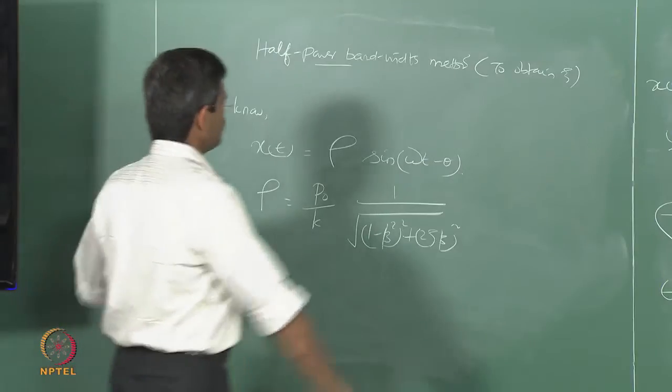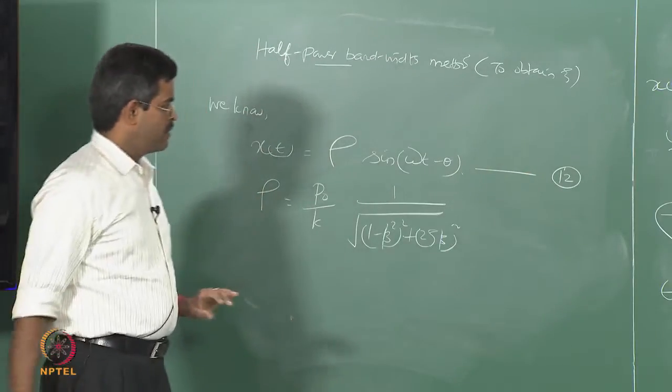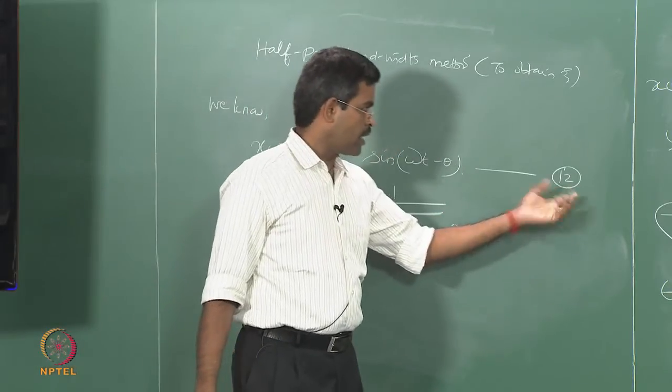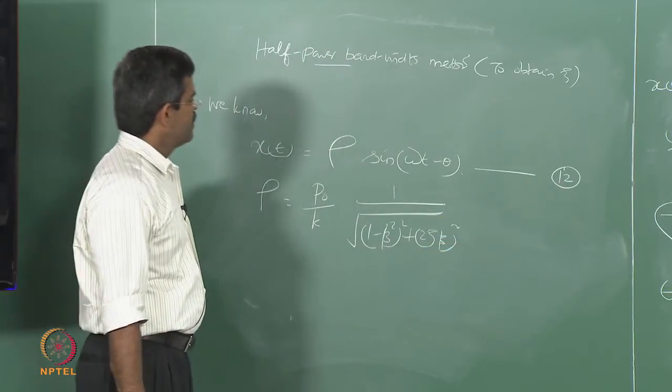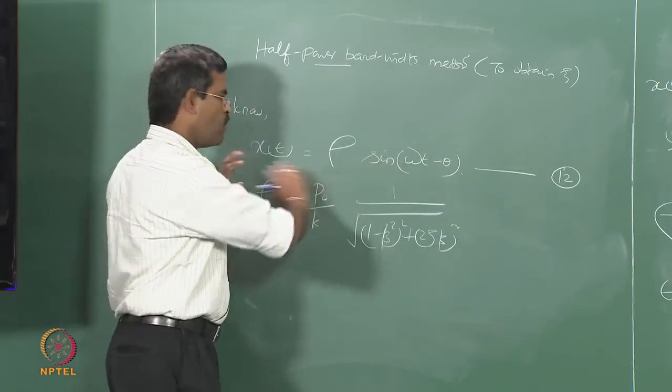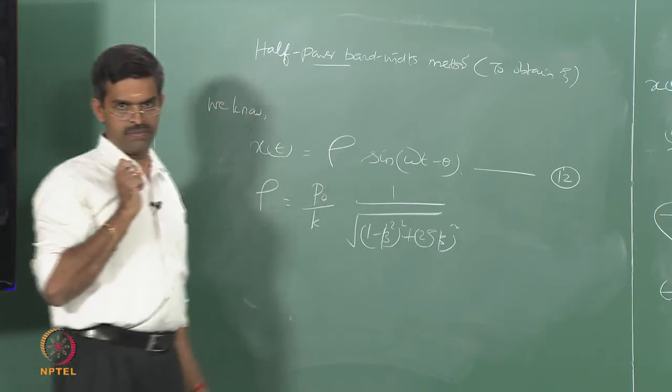So what I do is I pick up this equation, maybe equation 12. If I am slipping by one number you can correct me, maybe 11 was in the last lecture, let us say 12. We know this equation, and I want to plot it for different forcing frequencies.